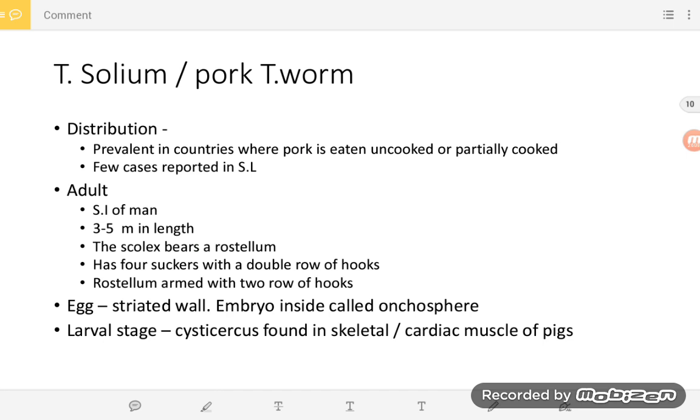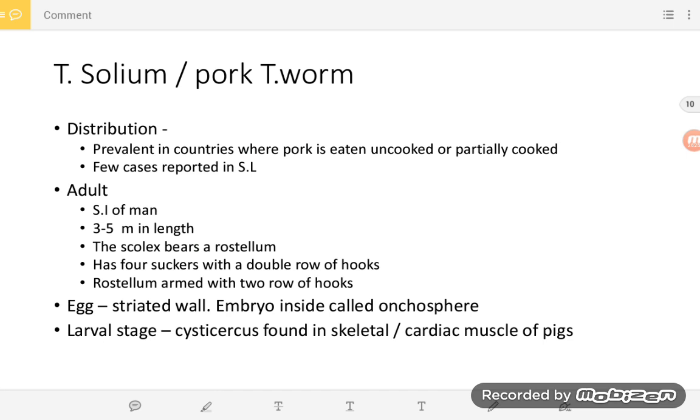Then when we consider the egg, we can see the striated wall and the embryo inside, which we call the oncosphere.